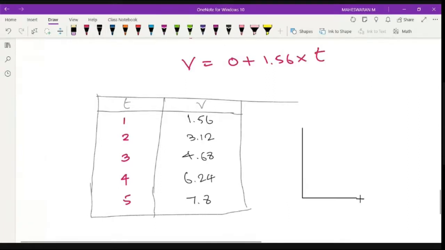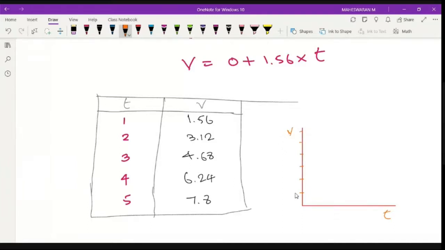You just make a graph-like arrangement. You put t on the x-axis and velocity on the y-axis. I'll put 1, 2, 3, 4, 5, 6.